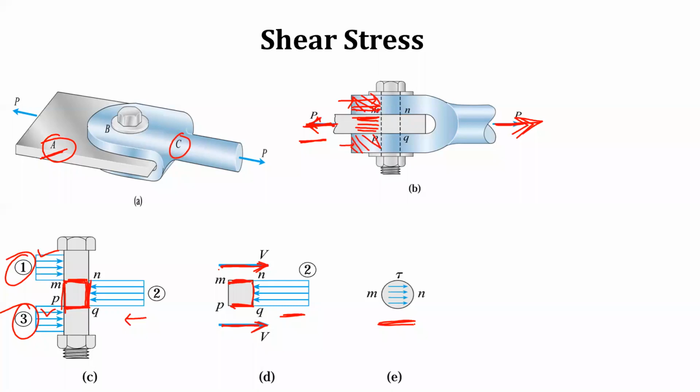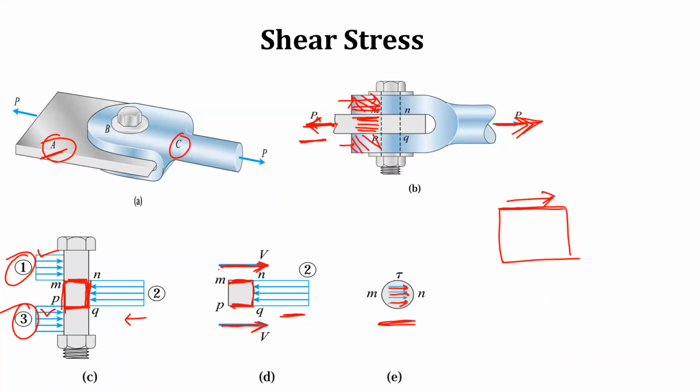And if I cut the bolt, because of this shear force or because of the loading condition, I will see the shear stresses here. So the basic intuition of this example and free body diagram is that shear stresses will develop if the loading condition is parallel to the surface.